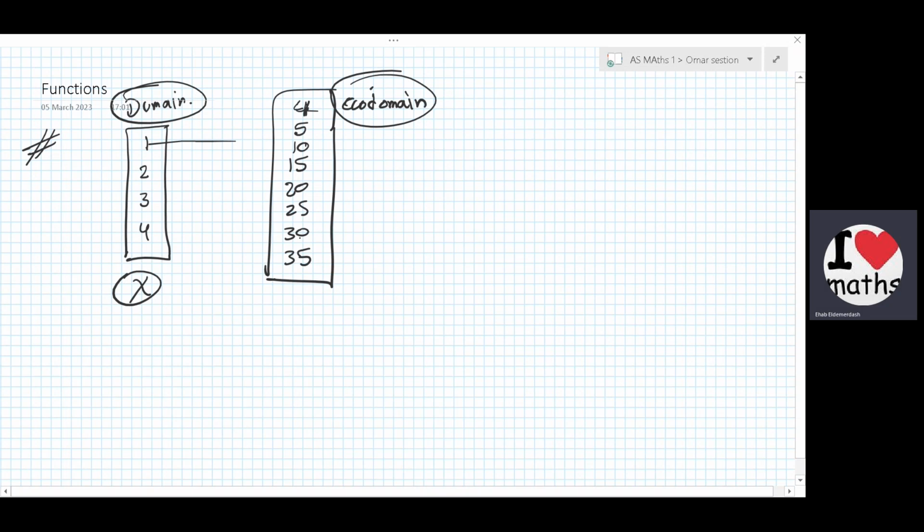The front one is the domain, the opposite one is the codomain. What is the relation that we can create between both?